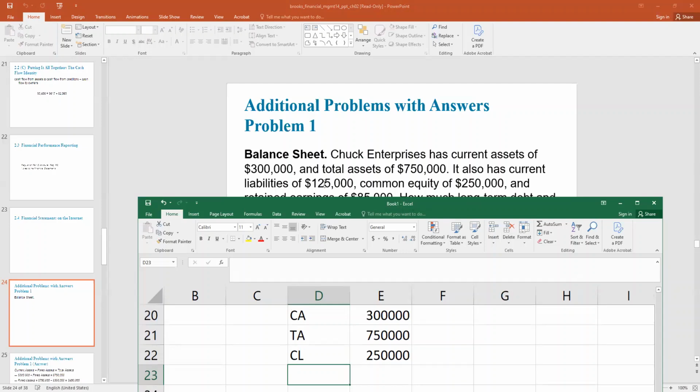Common equity, or I can call it common stock, is basically 250. It's 125. I mixed up the numbers, yeah? It's 125. Thank you. And we have retained earnings, which is 85,000. Okay, so I got all the numbers, I guess.